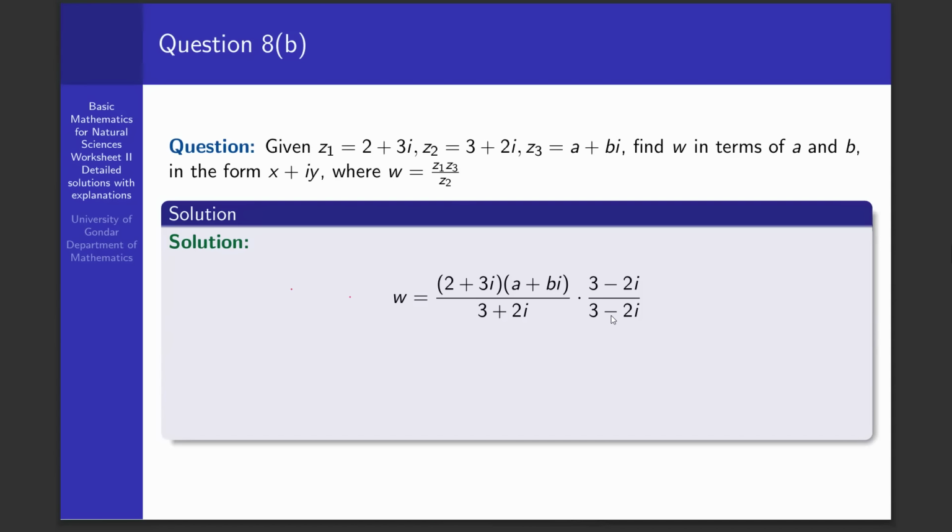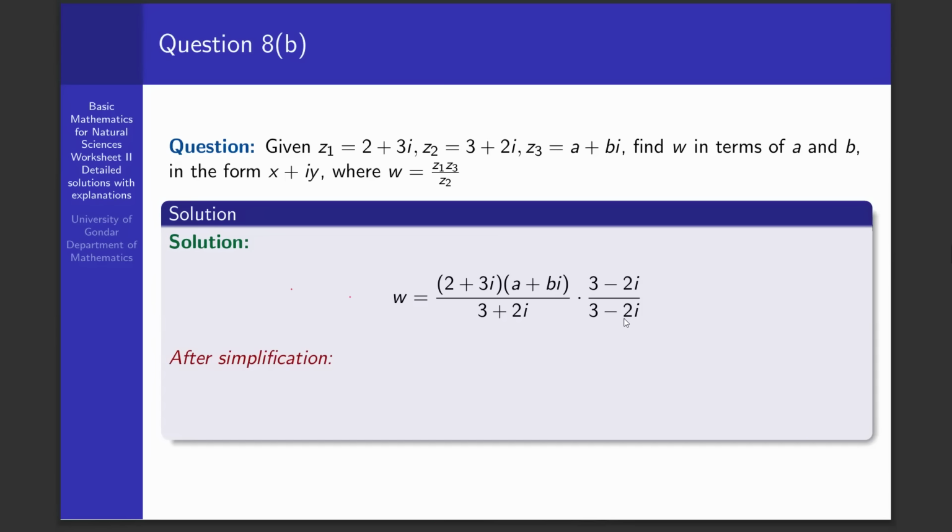To make the denominator real, we have to multiply both the numerator and denominator by the complex conjugate of the denominator. So that is this fraction.